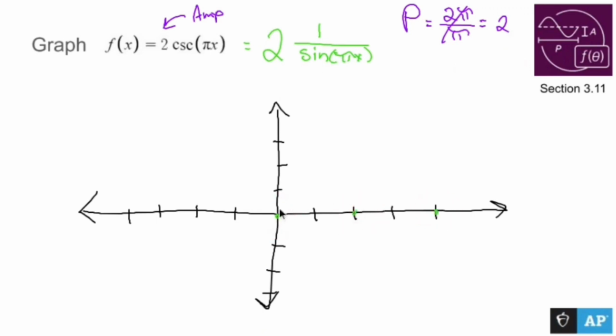So I go up to 2, come back down, go down to negative 2, come back up, and vice versa. So go down to negative 2, up to 2, negative 2, 2, boom. Okay, so this is my rough sketch.